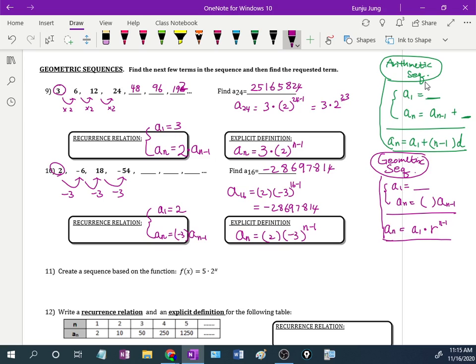Can you fill in the blanks? What do we get when we multiply by -3? Next one, positive 162. And signs are alternating because we multiply by -3. When we multiply by a negative number, that means signs are positive, negative, opposite of each other.